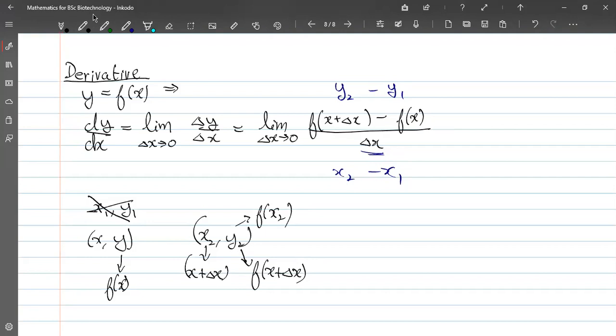So delta y by delta x can be written in this form when you're given y as a function f of x in terms of x. This is what we define as the derivative of the function y equal to f of x at the point x. Okay, is this explanation clear, or do you want me to explain it again?